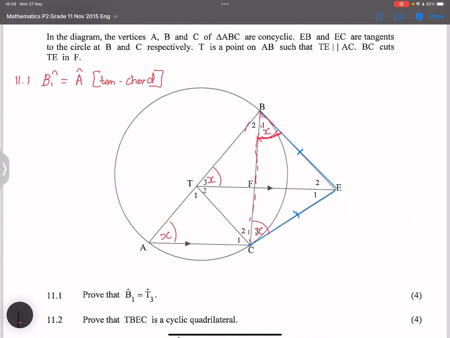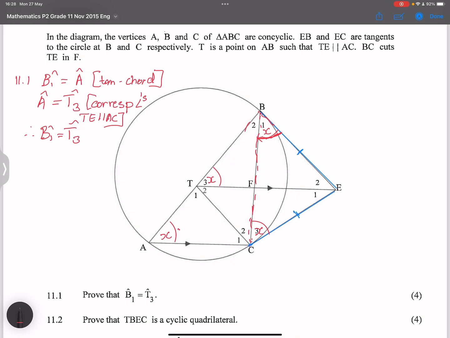Angle opposite that chord would be A. And now we said that angle A must be equal to angle T3, and we said these are corresponding angles. We must keep in mind that they told us that TE is parallel to AC. And so therefore B1 must be equal to T3.